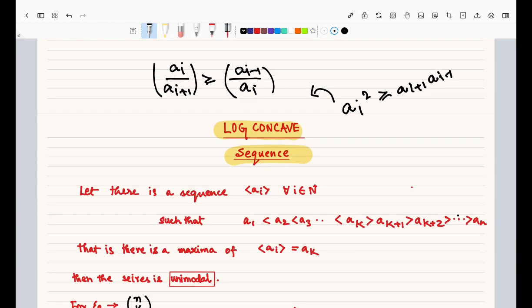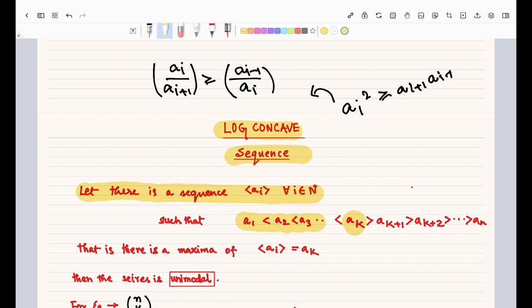So let's just start. What I have written is the sequence: let there be a sequence a_i for i belonging to the natural numbers such that a_1 is less than a_2, that is less than a_3, and so on, up to a_k, right?